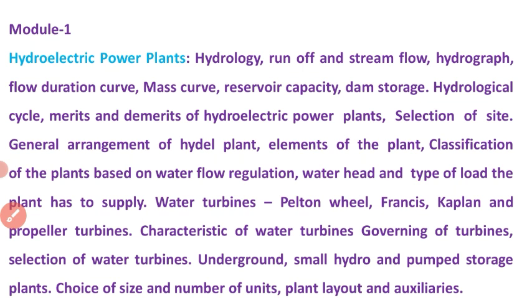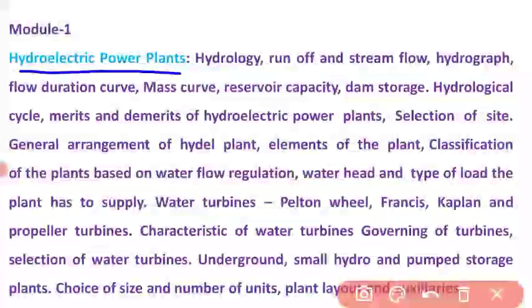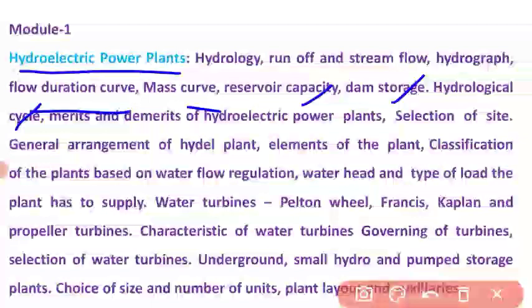So let us overview the syllabus. First module, module 1, hydroelectric power plants. In this module, we are going to study some of the terminologies: hydrology, runoff and stream flow, hydrograph, the flow duration curve, mass curve, reservoir capacity and dam storage, and hydrological cycle.